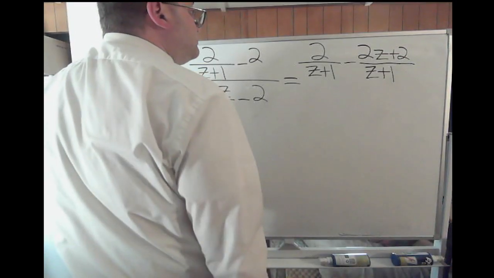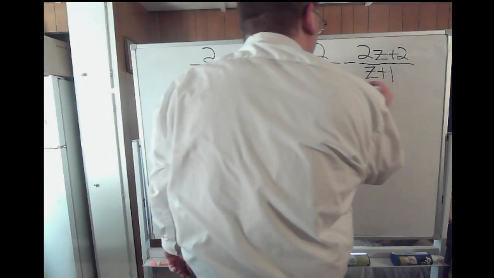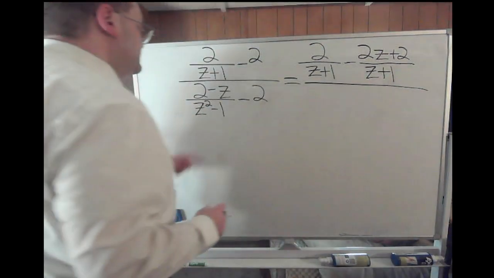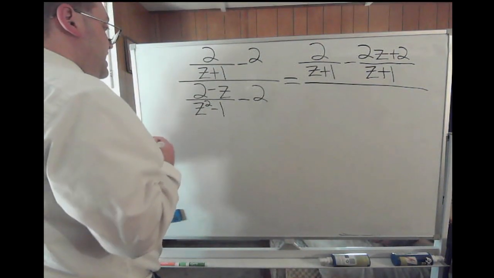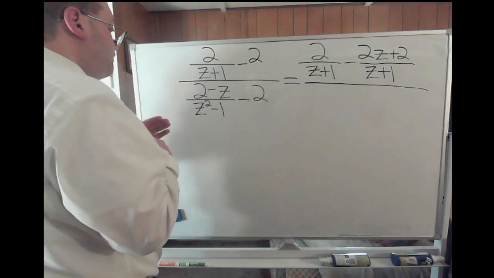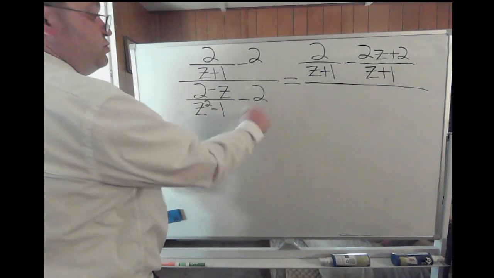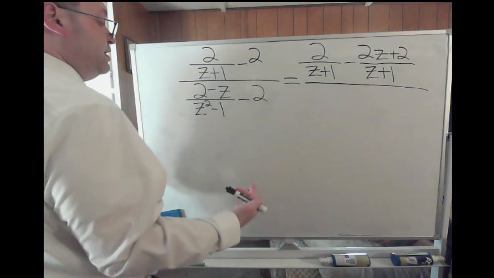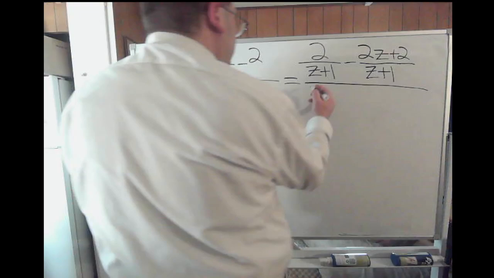Okay? You're going to do that all over. Now let's deal with these fractions here. You have, of course, z squared minus 1 and that default denominator of 1. Plain to see your z squared minus 1 will be your least common denominator.